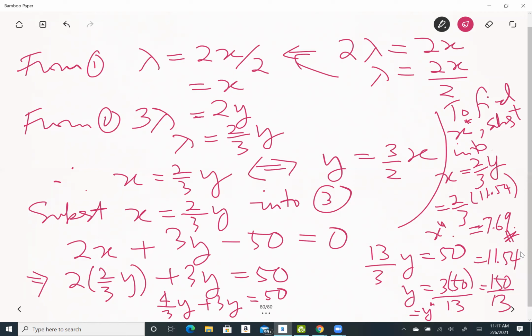So that is our solution. So to maximize the objective subject to our constraint, the optimum point is x star equal to 7.69, y star equal to 11.54. Okay, so that is our first example.